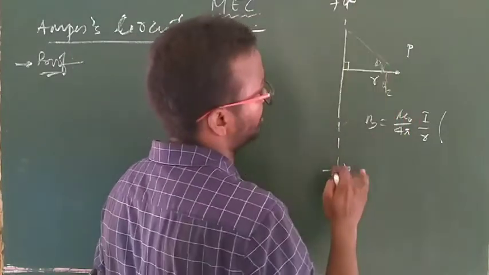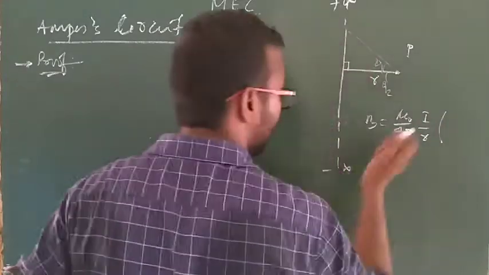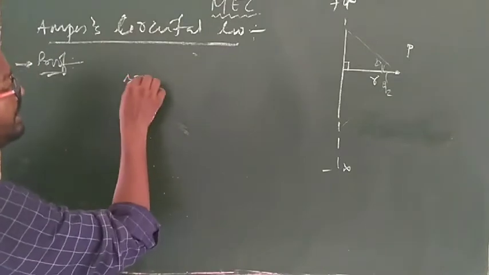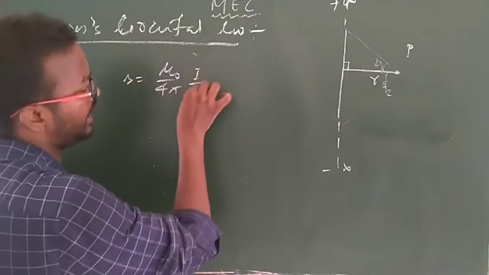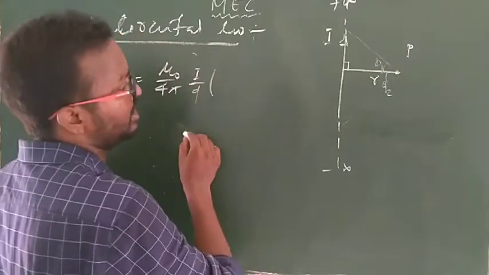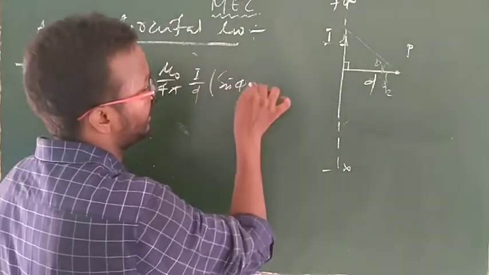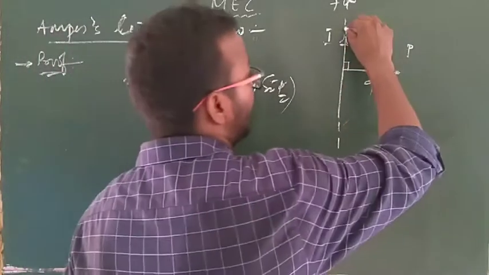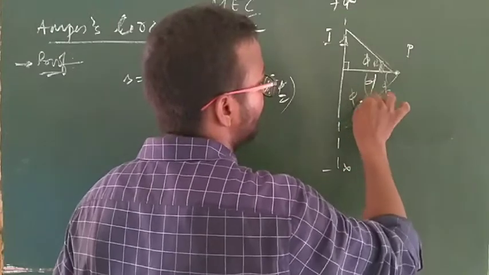For a straight conductor, we can write the formula: B equals mu naught by 4 pi, I by D, where I is the current flowing and D is this distance, times sin phi 1 plus sin phi 2 for finite length, with this angle phi 1 and this angle phi 2.